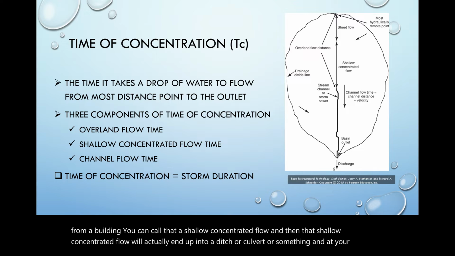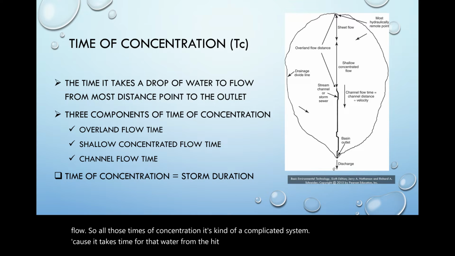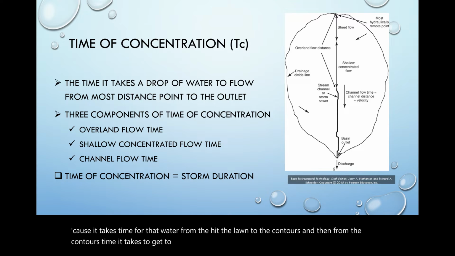So it's kind of a complicated system because it takes time for the water to get from the lawn to the contours, and then from the contours to the channel, and then the distance it takes to get from the channel to the outlet.